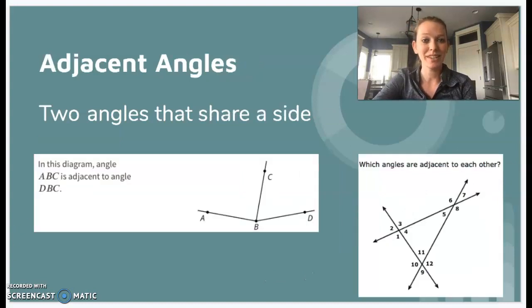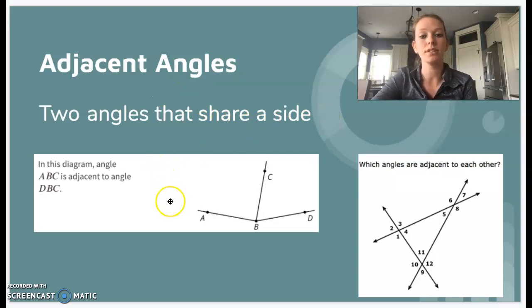All right, next one is adjacent angles. If you know what the word adjacent means, it means next to. So if somebody's next to you, you could say they are adjacent to you. And so that simply means that they're two angles that are next to each other. The technical term is two angles that share a side.